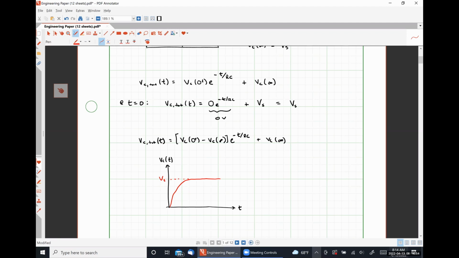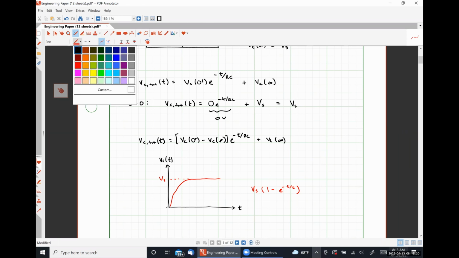So instead of having an exponentially decaying function, we have a factor of VS times 1 minus e to the negative T over tau. So this is effectively just telling us how this capacitor charges.